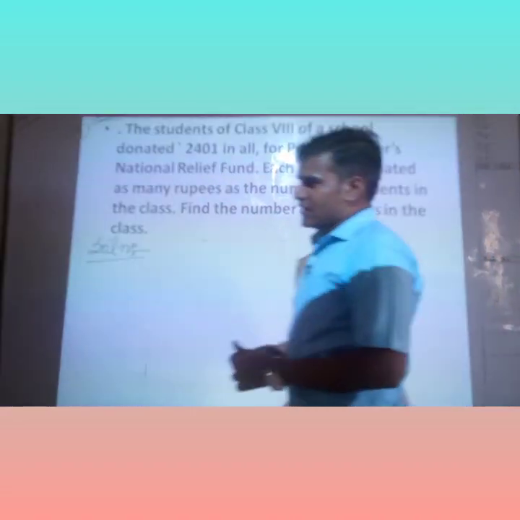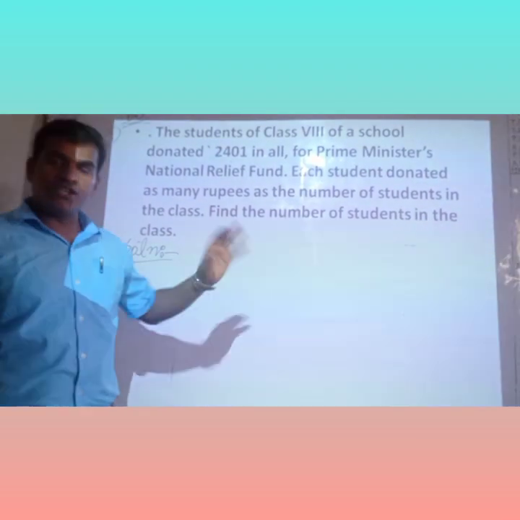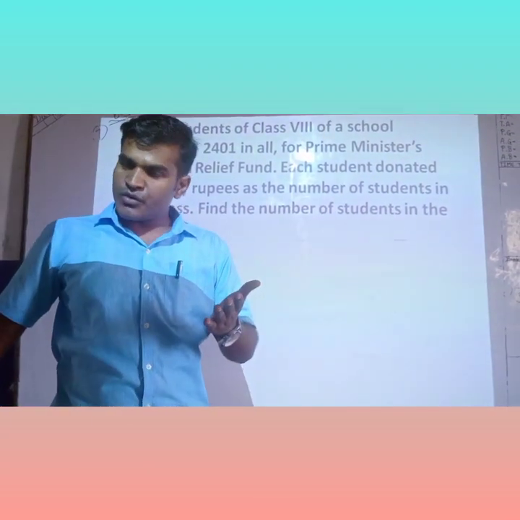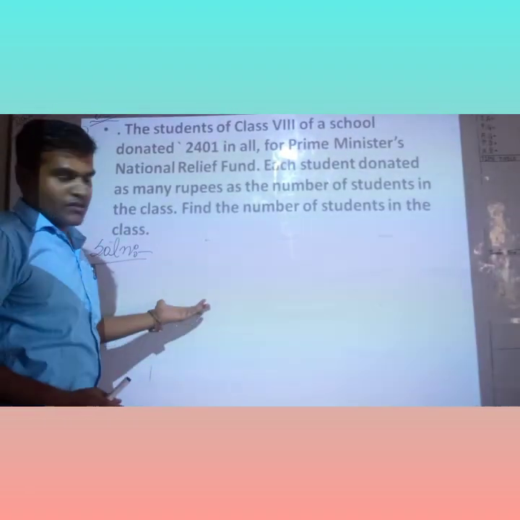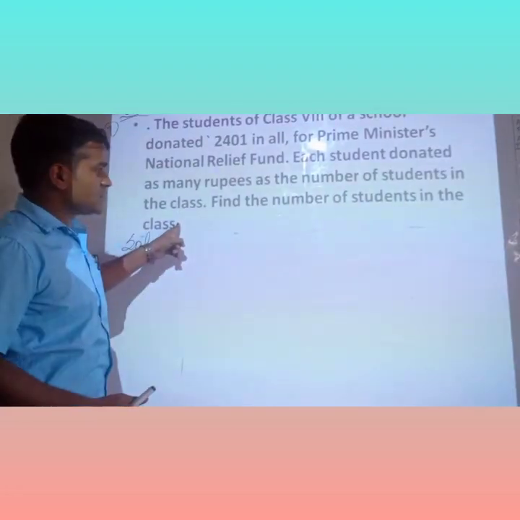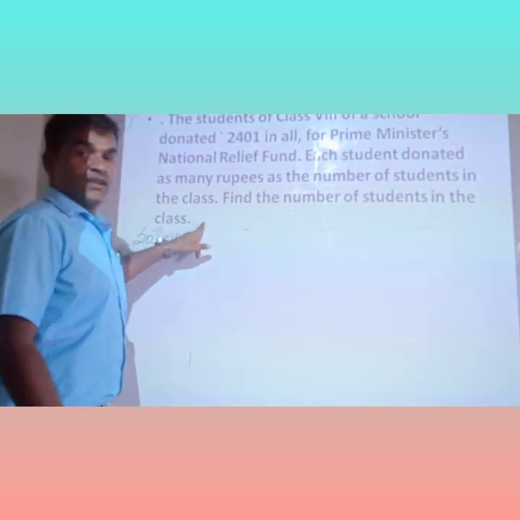Suppose in my class there are 25 students, so each student has donated 25 rupees. But here it is not given how many students there are. So we have to find the number of students in the class.